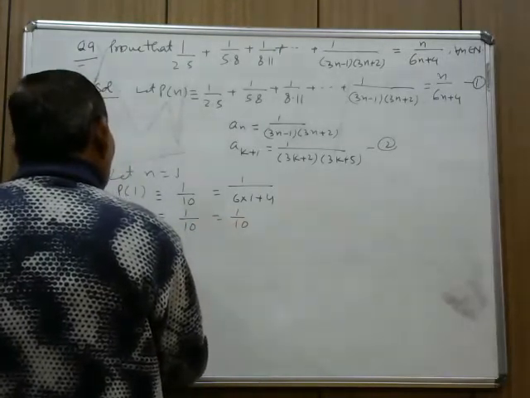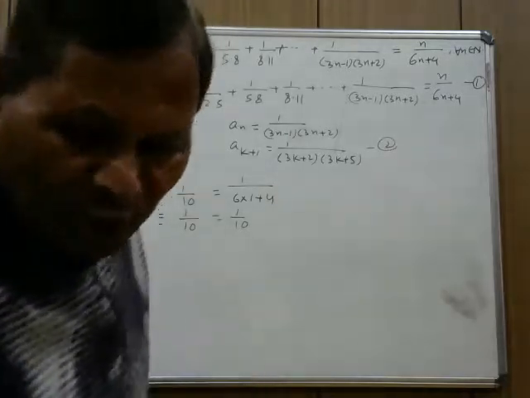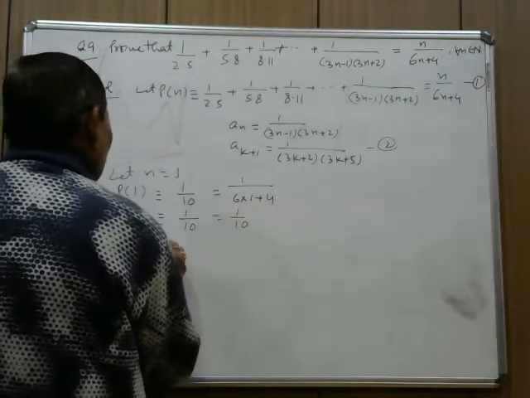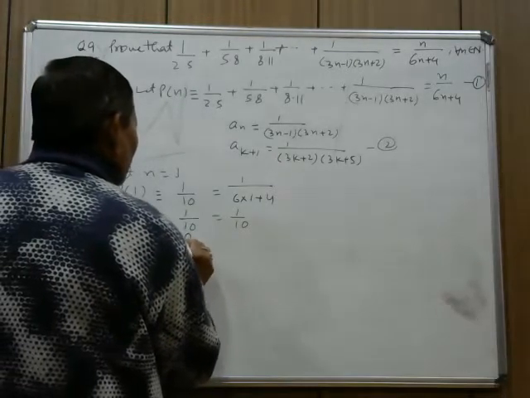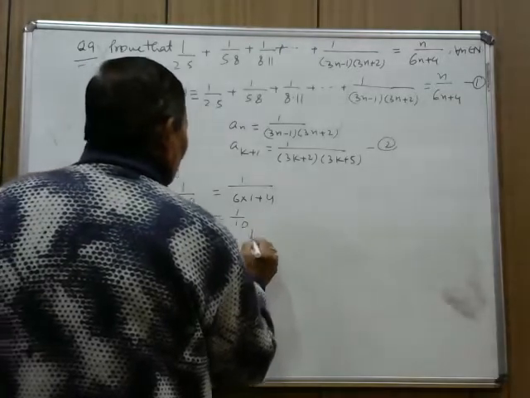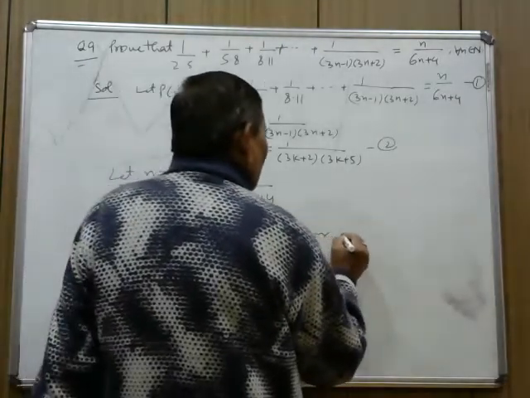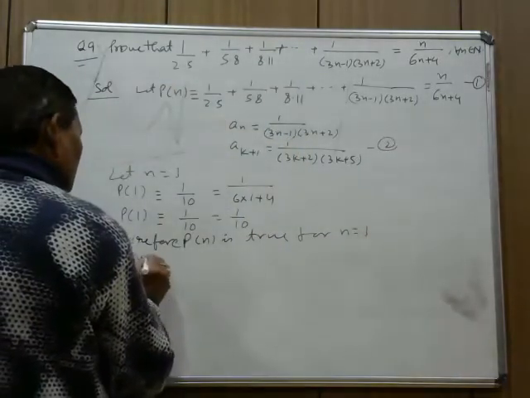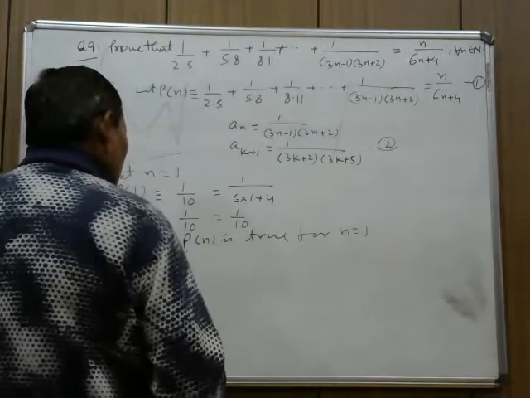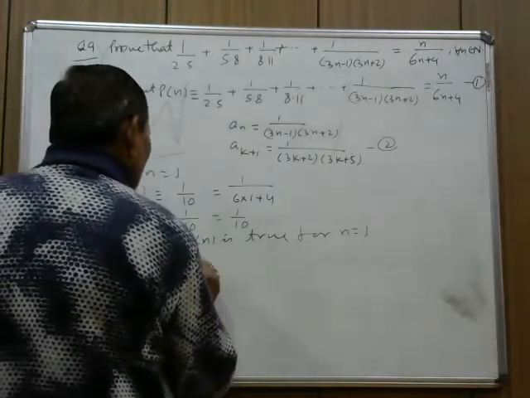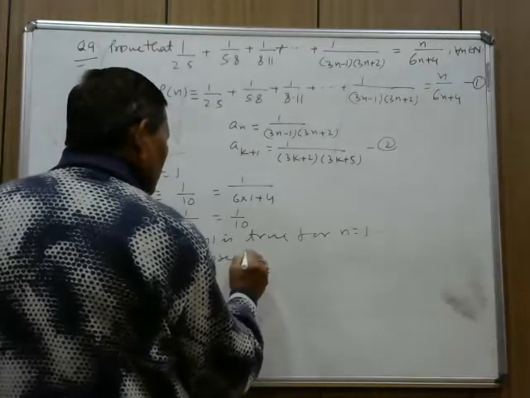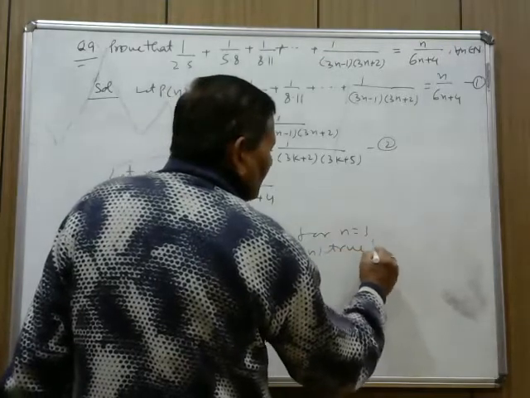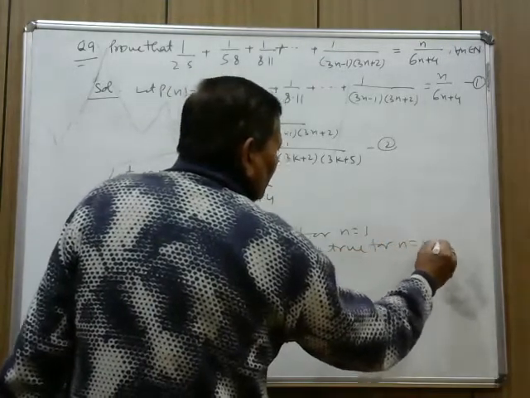Therefore, Pn is true for n equals 1. Now we suppose that Pn is true for n equals k.